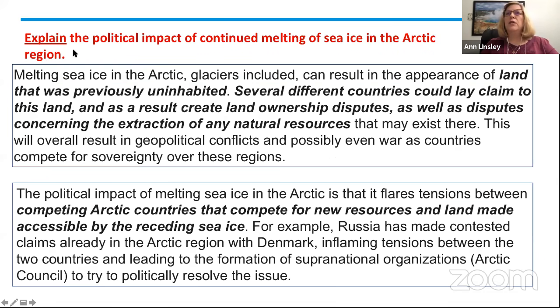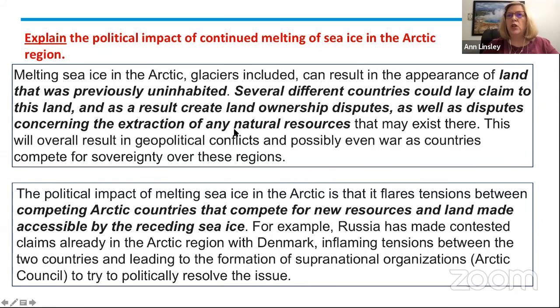All right, once again, explain the political impact of continued melting of sea ice in the Arctic region. What is the political impact of melting sea ice? So here we're explaining that as this melts, different countries could lay claim to this land as a result and create land ownership disputes, as well as disputes over the extraction of any natural resources. So we are explaining everything that is happening here.